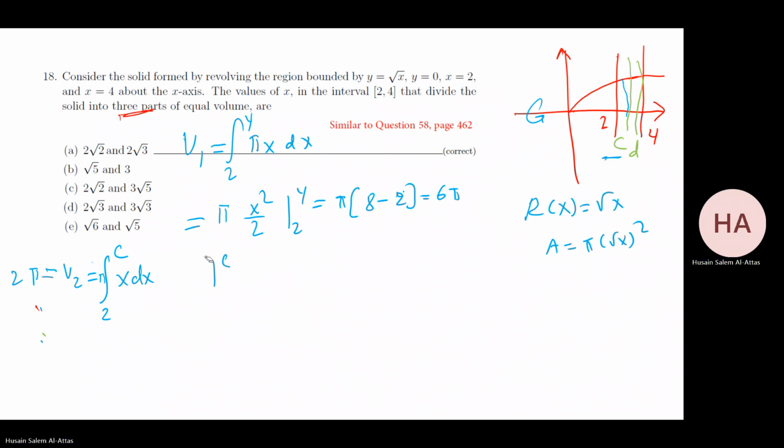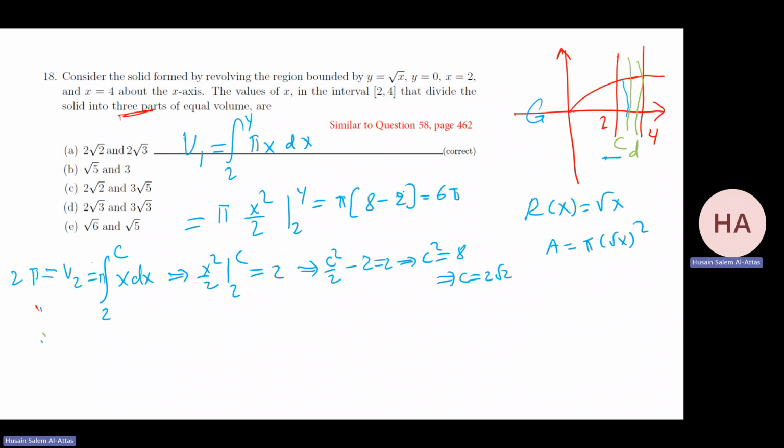That implies x squared over 2 from 2 to C is equal to 2. So I have C squared over 2 minus 4 over 2, that is 2, equal to 2. So C squared equals 8. So C equals square root of 8. I will not take the negative. So that will be C.